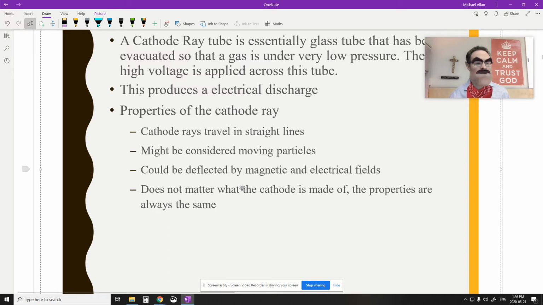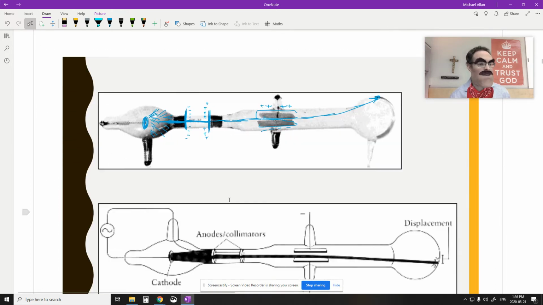So it helped us draw this conclusion that all types of metals, and later on all types of atoms, would have something common within them. Whatever this ray is made of is inside of these atoms, and all of them would have the same similar pieces inside them.